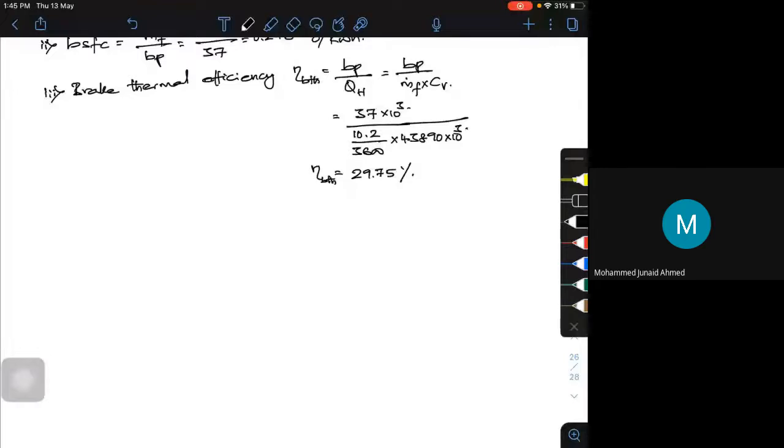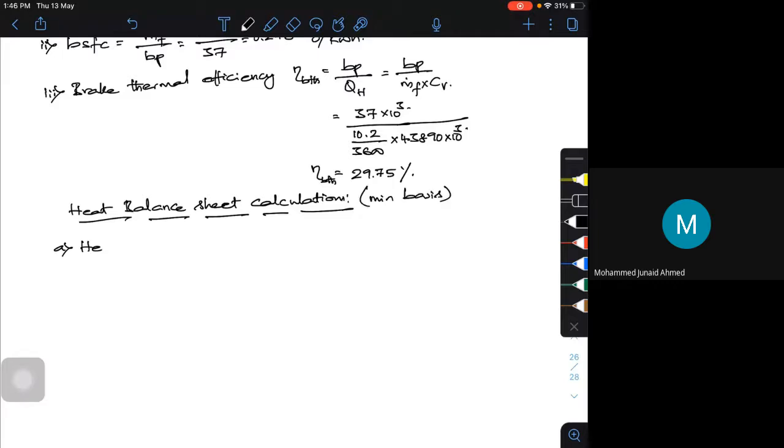The first thing here is heat supplied, which is already there actually, but I want it in kilojoules per minute. So here I have to divide 10.2 only by 60, because I want all the values in kilojoules per minute. That's why it is a heat balance sheet on a minute basis.